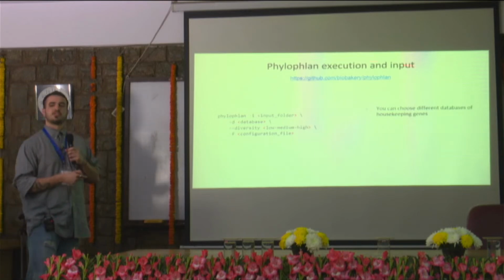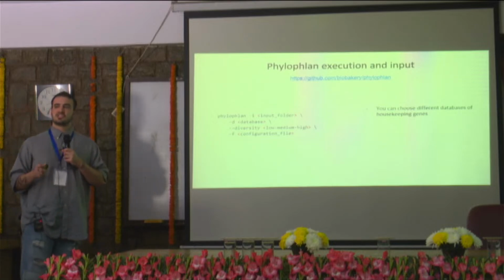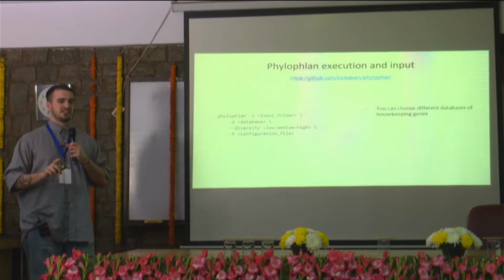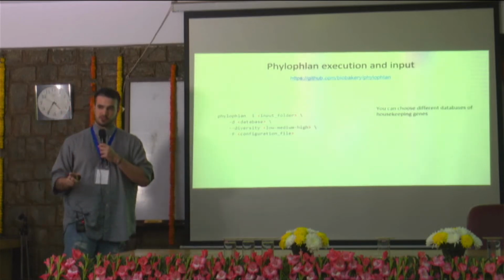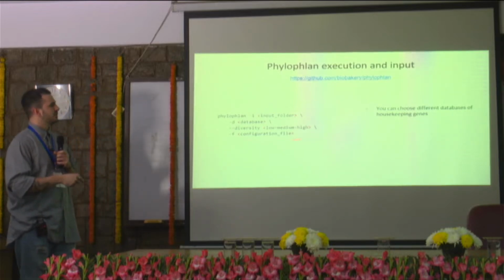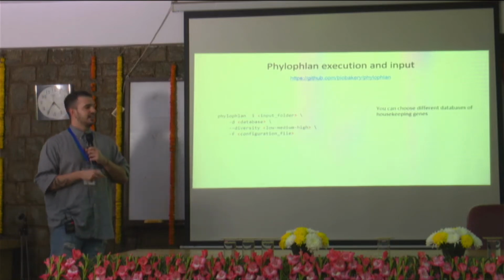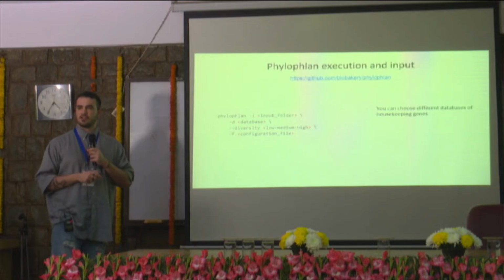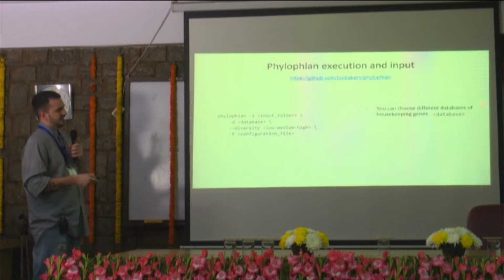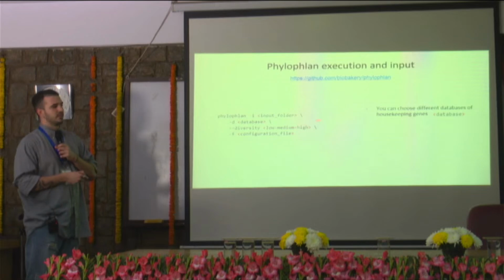Well, this is one of the strengths of Phyloflan3. It is so flexible that it allows you to choose different databases of markers or housekeeping genes to perform the phylogeny. You remember, for example, Amphora2 that we mentioned before; all that list of markers is also included within Phyloflan3. So you can choose the 400 genes that Phyloflan3 has, or even choose other databases of different markers. So if you place Amphora2 here, it will work with Amphora2 markers.